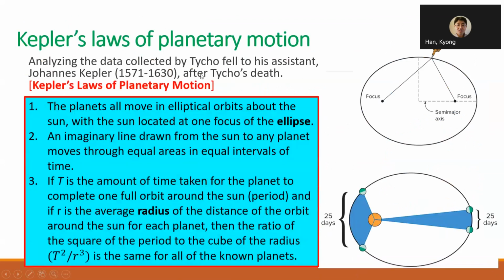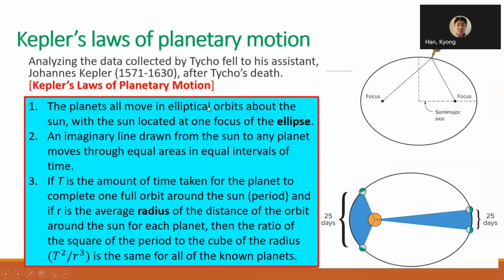Kepler analyzed the data collected by Tycho Brahe, his assistant Johannes Kepler. He was also a Danish physicist and astronomer. After Tycho's death, he suggested three laws.